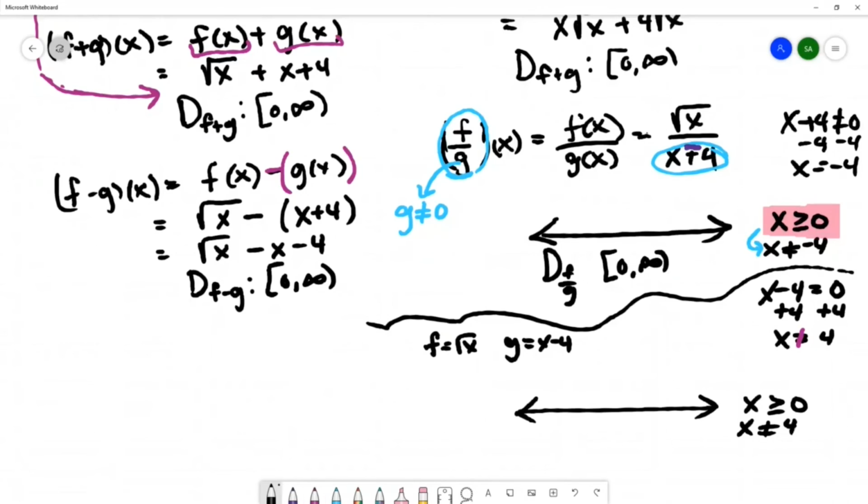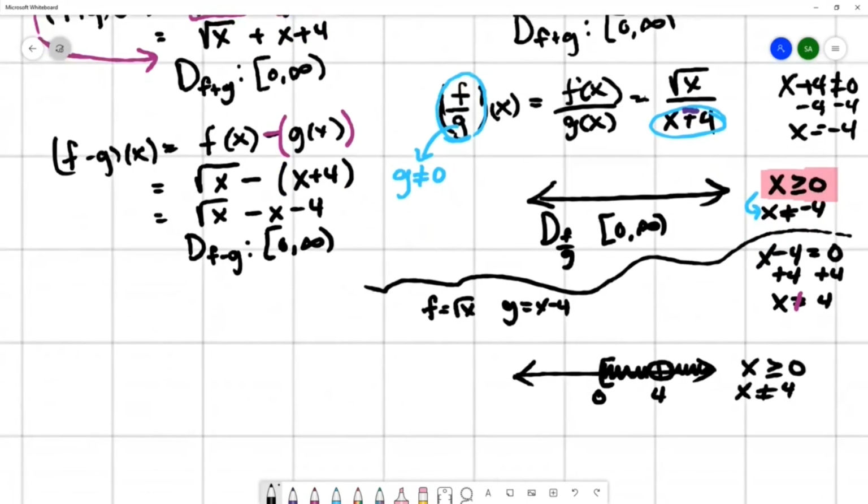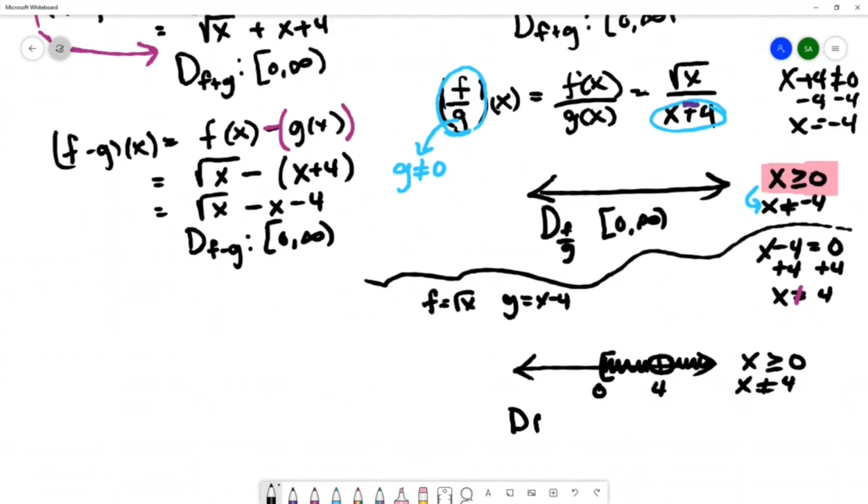So if x needs to be greater than 0 and not equal to 4, we have to exclude 4, but include everything else that's greater than 0. We would get a domain of f over g to be 0 to 4 union with 4 to infinity.